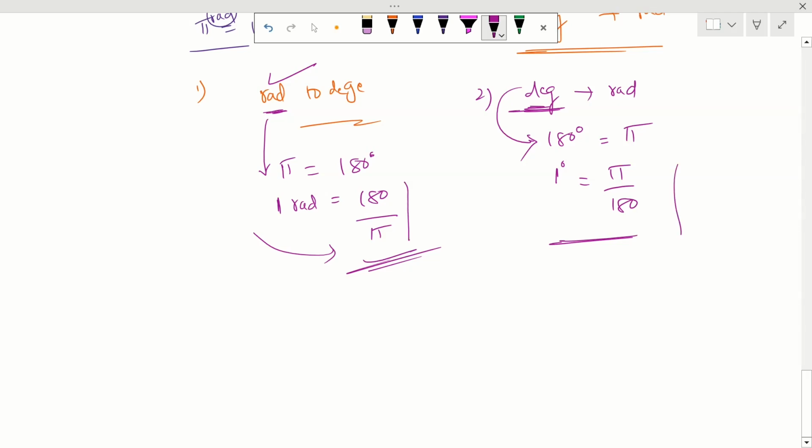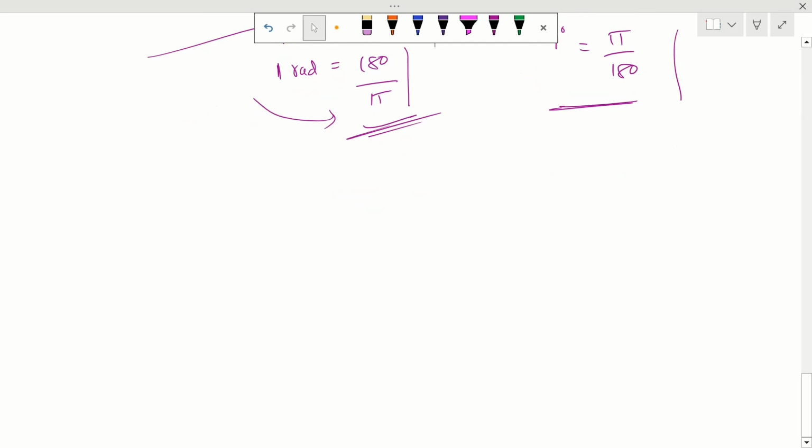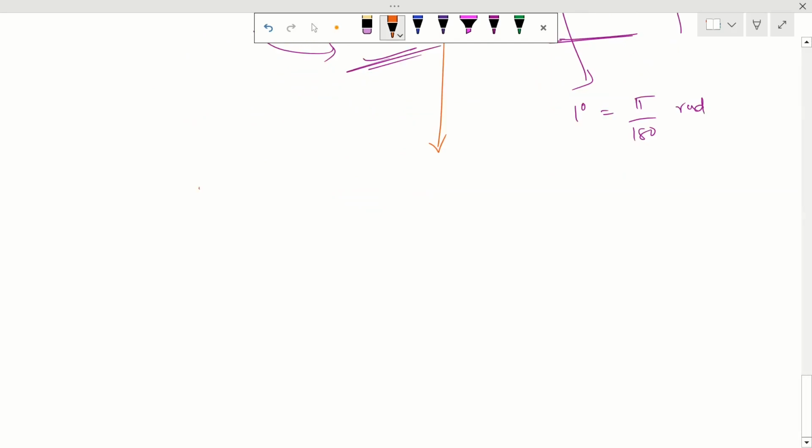If you follow this method, you can easily write degree into radian and radian into degree. You will solve the problems, and then we'll understand the meaning. What is the meaning of 30 degree, 60 degree, and 90 degree? How can we write 30 degree in terms of radian? Pi is 180, 180 divided by 6.